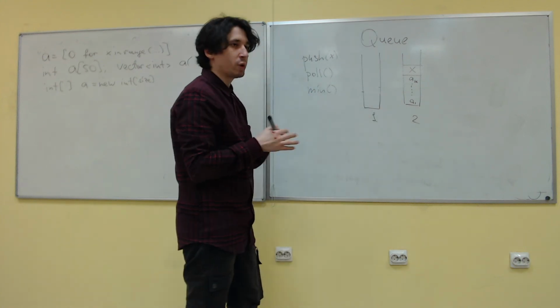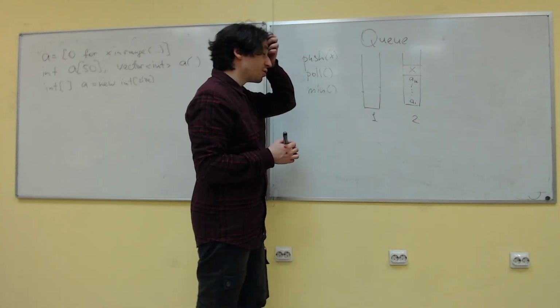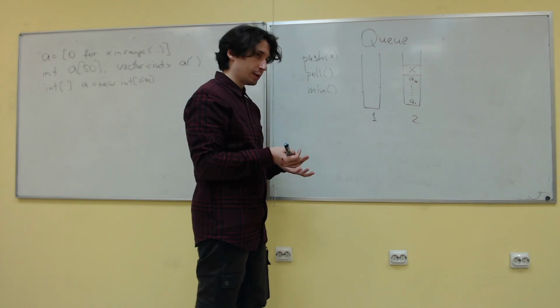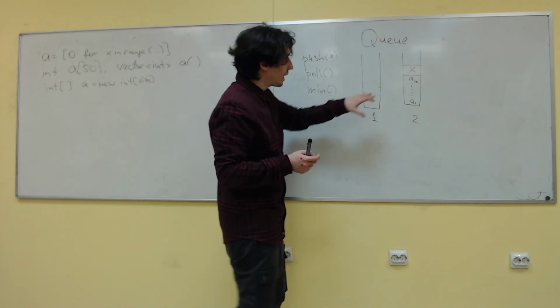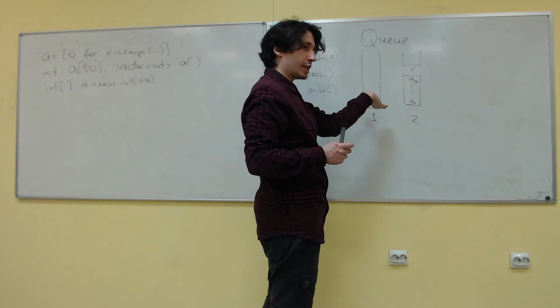And we come with a poll operation. What are we doing? This stack is empty, so we don't know whom to poll right now. So we take everything from the second stack and move it to the first stack, starting from the beginning.